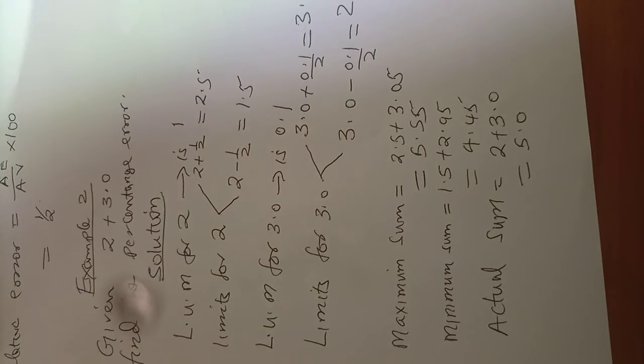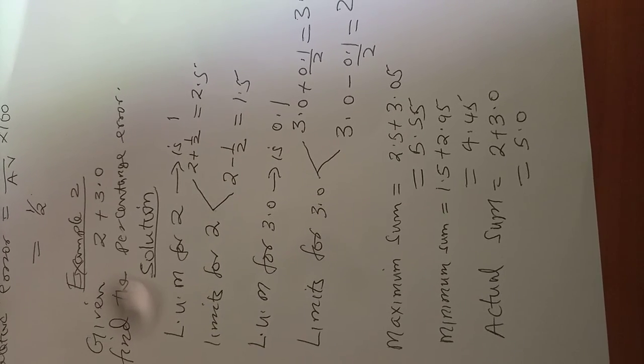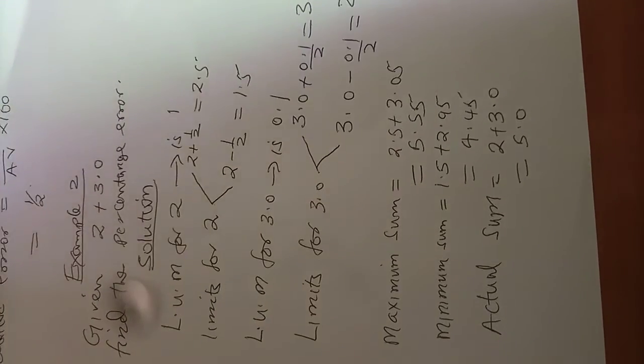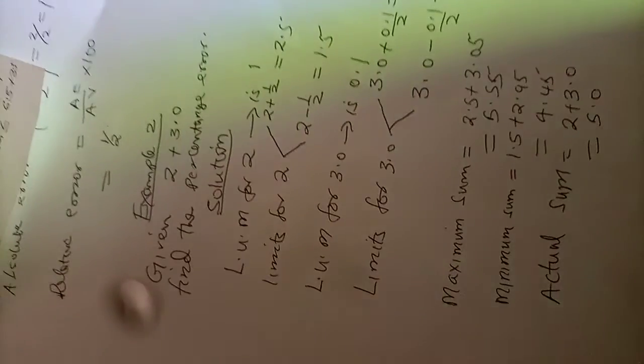After getting the actual sum, the maximum sum, and the minimum sum, we go to the percentage error. What's the percentage error?